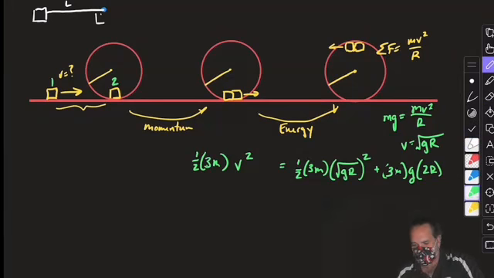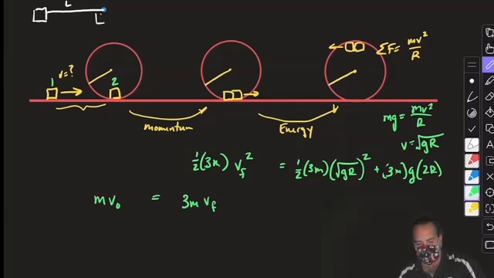So I see a way to get the velocity of the system after the collision. Now, there's a momentum problem that takes place just before this, where 3m v final has to equal m v naught.